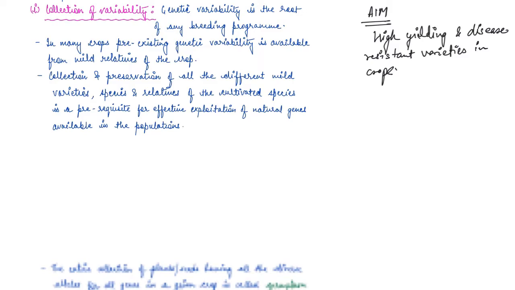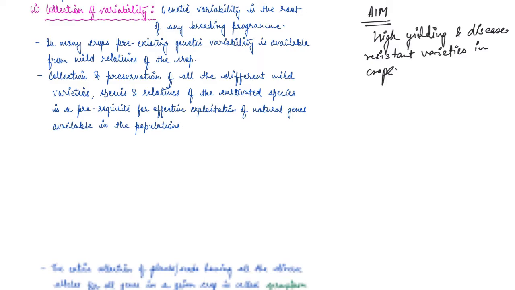Now collection and preservation of all these different wild varieties, their species, the relatives of the cultivated species, is a prerequisite for effective exploitation of natural genes, right? So we collect these wild plants or their seeds.